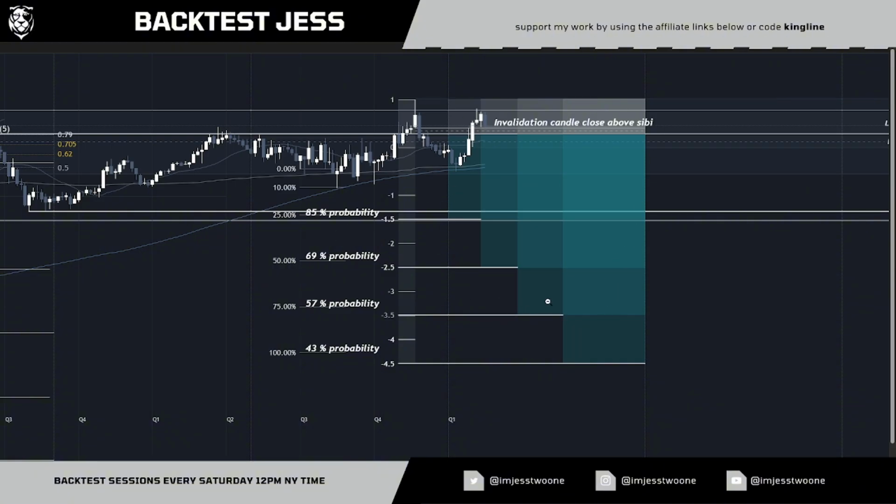The idea behind this is that instead of taking partials at these levels, he's going to take profit on different accounts at these levels, because when you take partials, you're not technically getting your full R that you risked up here. Let's say he risks 5 contracts, takes 1 off here, a second off there, a third, a fourth, and the 5th he's holding for the home run.